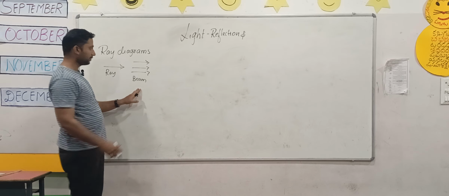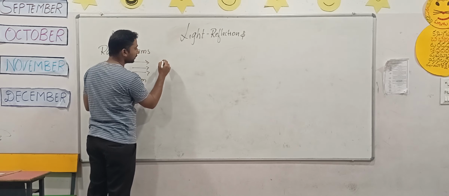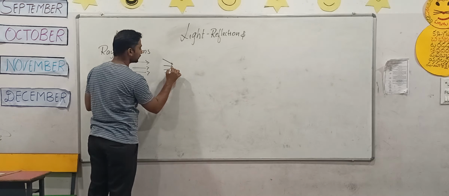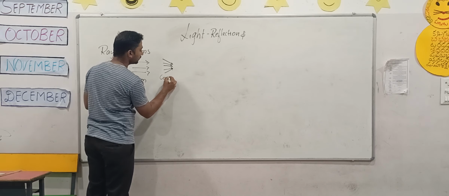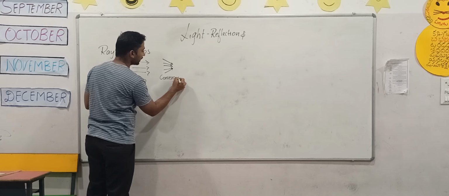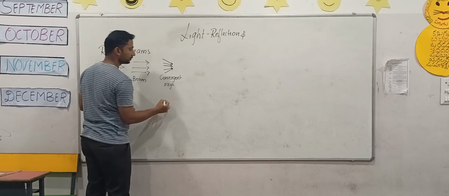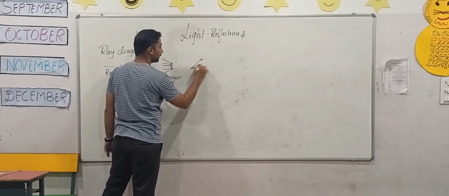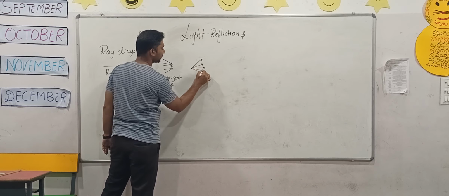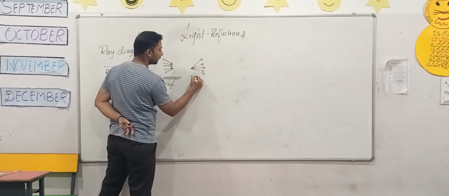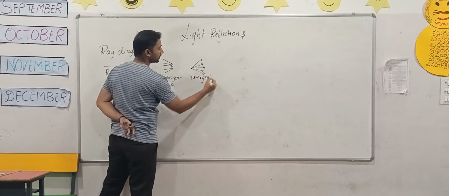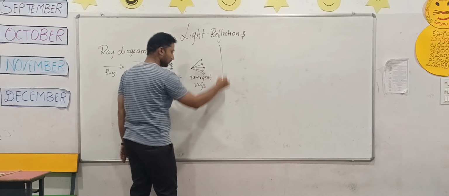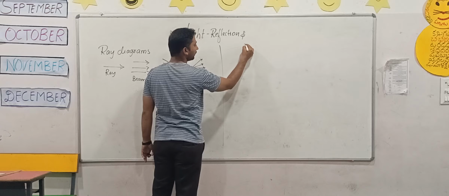If light rays converge at one point from different points, they are called convergent rays. If from one point they are diverging, changing their path, they are divergent rays.